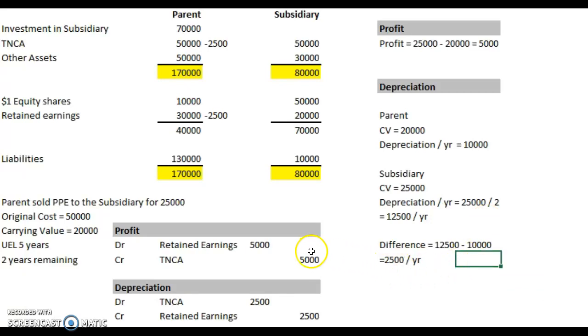These are the two adjustments, one for the profit and one for the depreciation, and then we net them off. But I'll put the adjustments in here, and when we come to do the consolidation, we will just add that into those figures. We'll also use the adjusted amount when we come to do the retained earnings calculations. So that's it. That's the transfer of non-current assets.